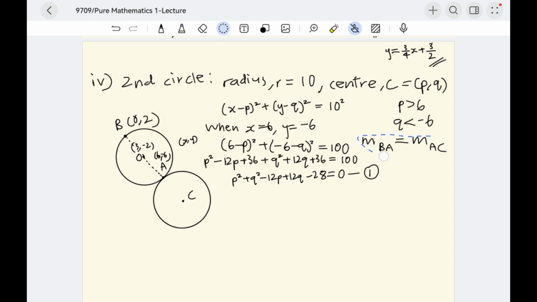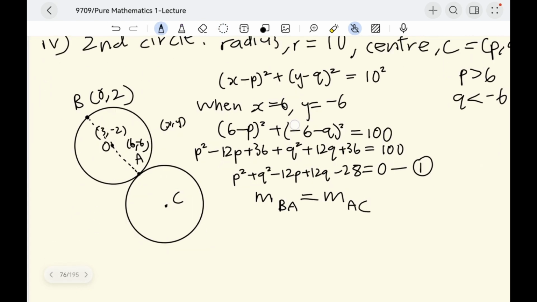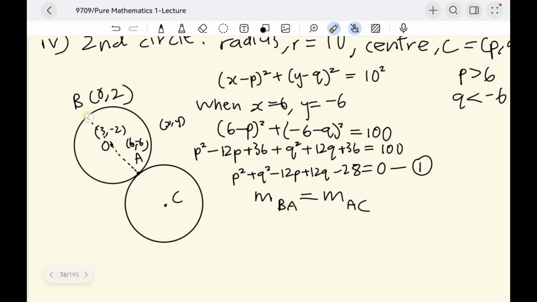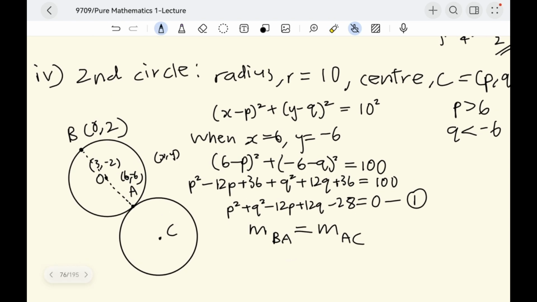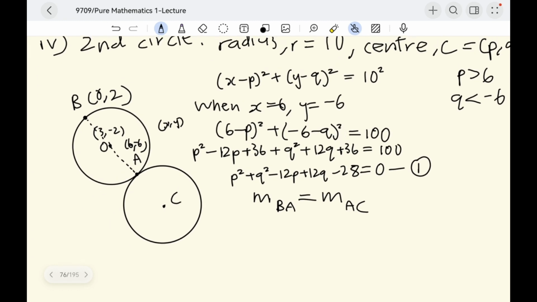Next, I may use the relationship as I mentioned just now. The gradient of BA equals the gradient of AC since they are collinear to each other. Okay? They refer to the coordinates of B, O, A, and C. So I may find the gradient of BA first numerically.